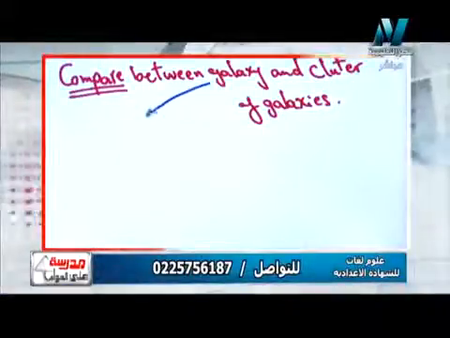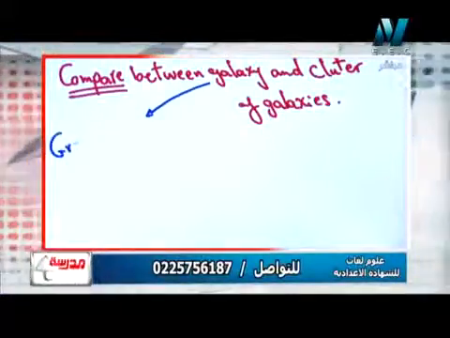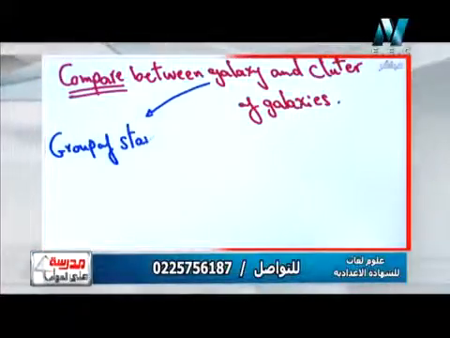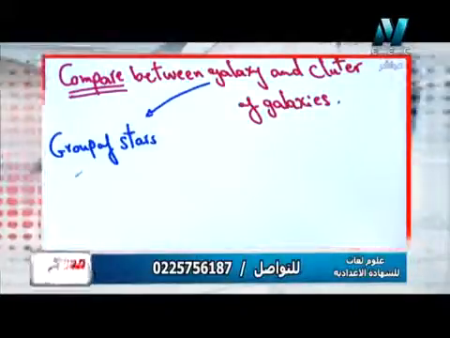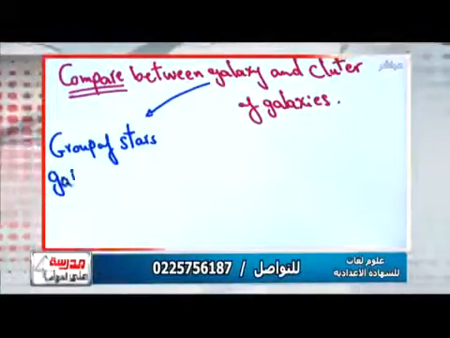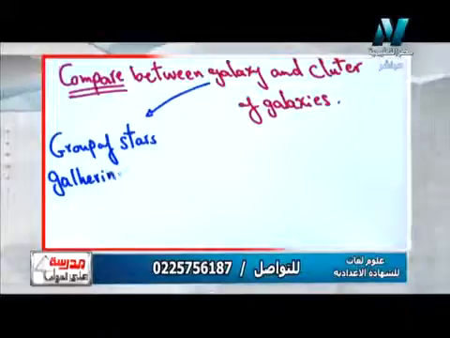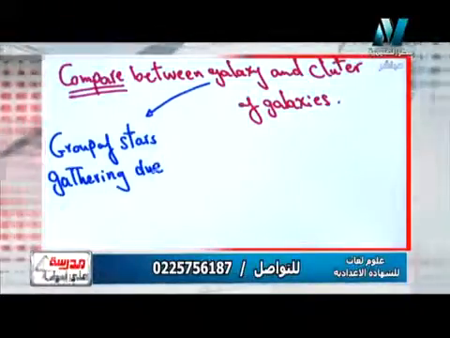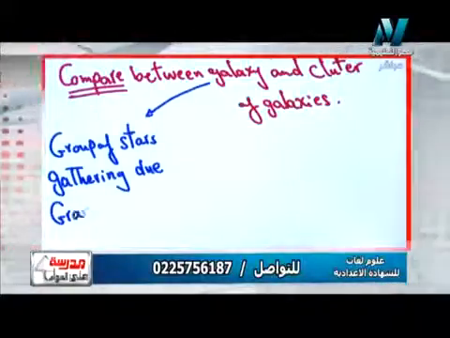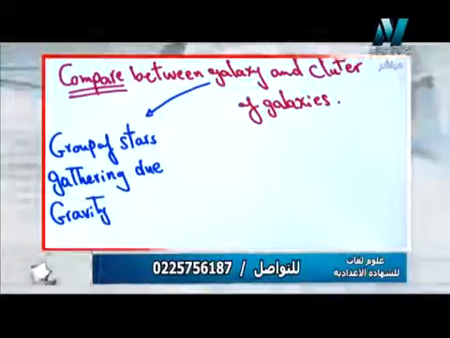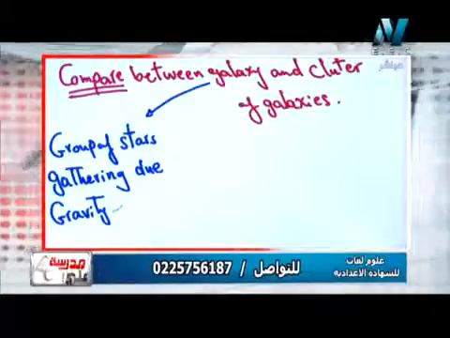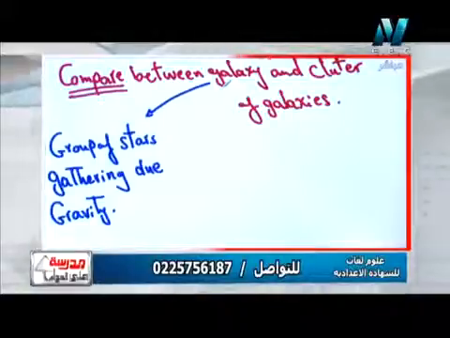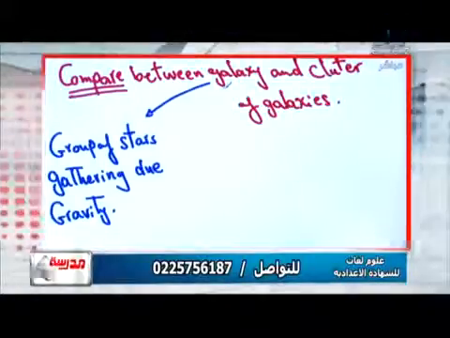Galaxy are what? Are group of stars. Group of what? Stars. مجموعة من النجوم. Gathering due to اتجمعت. كلمة gathering هنا يعني اتجمعت. Due to gravity. بسبب ايه؟ بسبب الجاذبية. يبقى galaxy is a group of stars gathering due to gravity.